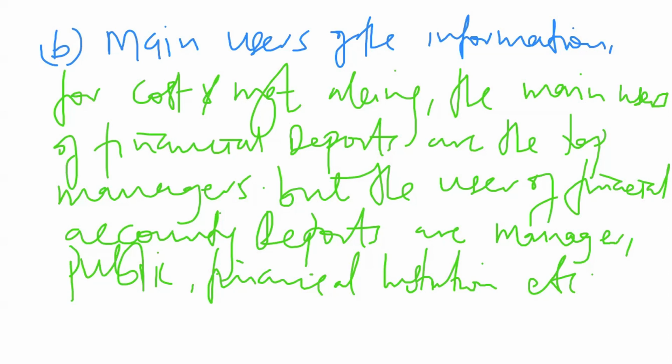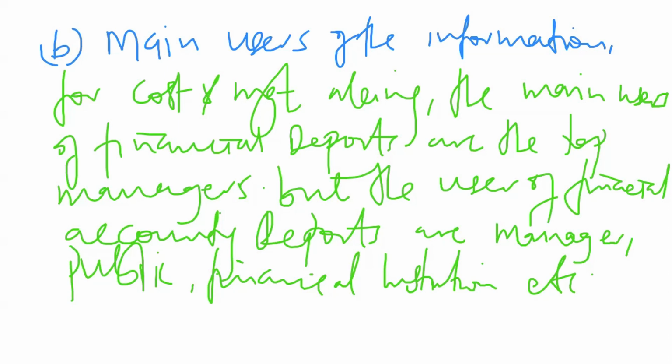So management accounting reports are mainly used by the internal users. You will not find the revenue authority asking for the cost statement. They will only ask for financial statements for them to know how they can tax the company. So the main users are categorically classified into two.